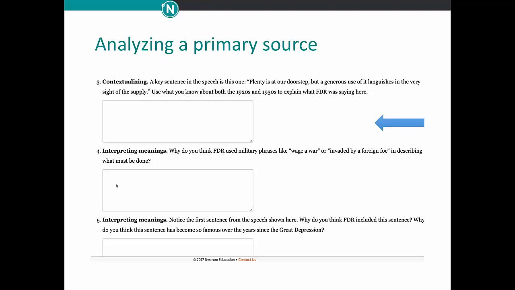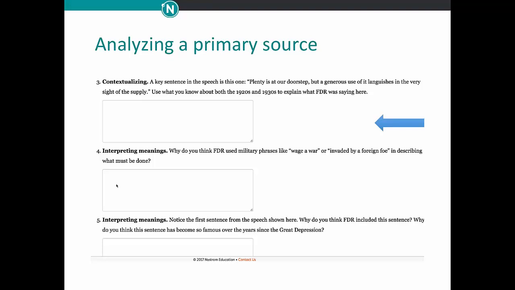Some other things, we want students to interpret the meanings of different things. And I like number 5 in particular. Why do you think this sentence has become so famous over the years since the Great Depression? "The only thing we have to fear is fear itself." What I always tell my students, and probably what you tell yours, is that we want students to understand that the Depression was psychological as well as economic.